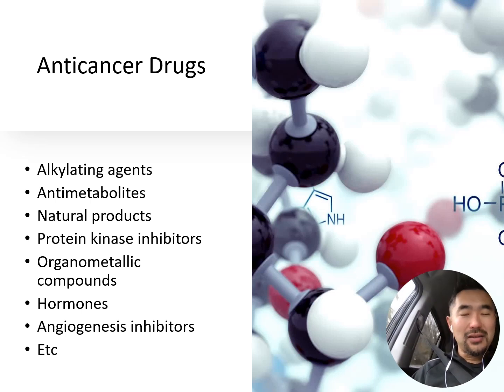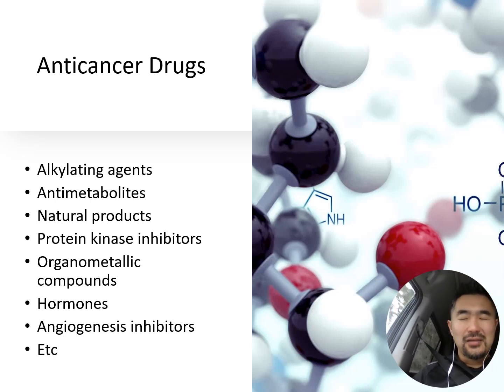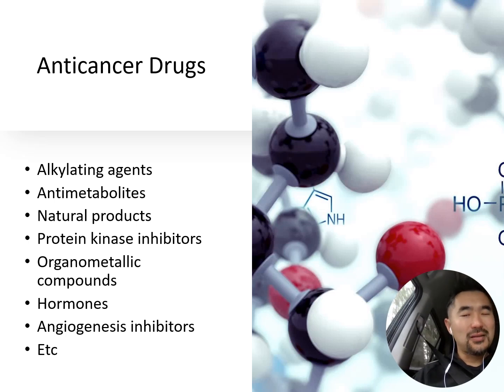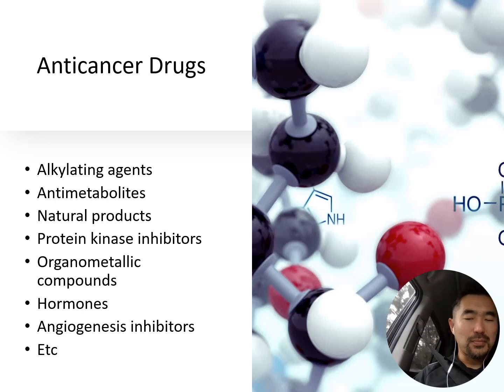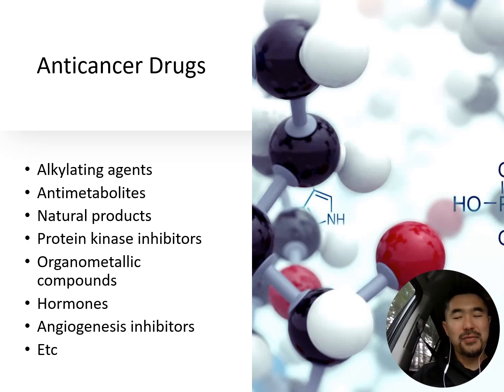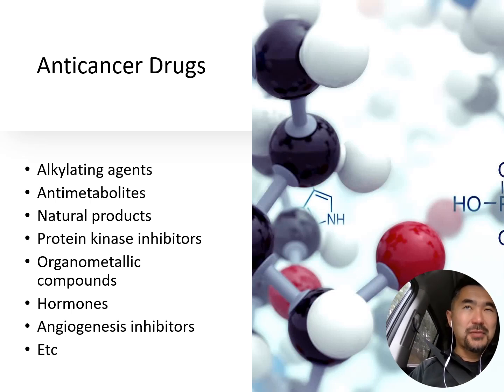And a lot of these are natural products to begin with anyway, but there's a specific class of compounds that, for whatever reason, oncologists, doctors who treat cancer, tend to call natural products. That, to me, kind of doesn't make sense because there are a lot of anti-metabolites based on natural products and protein kinase inhibitors based on natural products. Anyway, there's a class that pharmaceutical and medical physicians tend to call natural products, and we'll explain what they are.